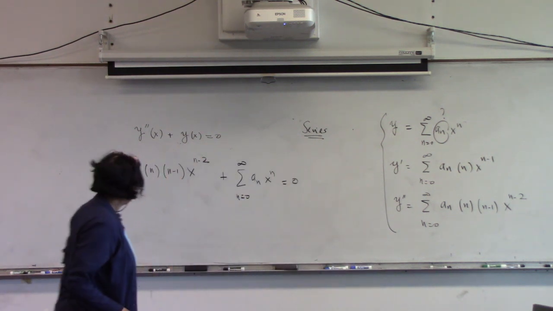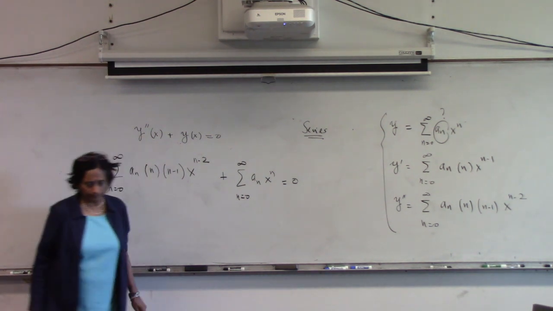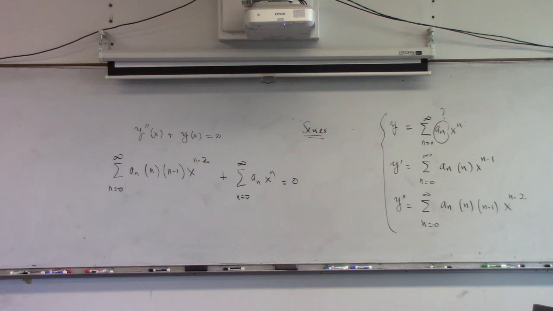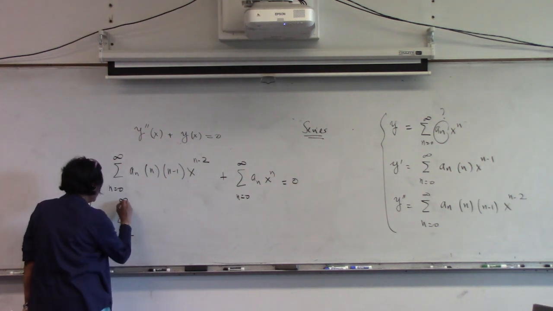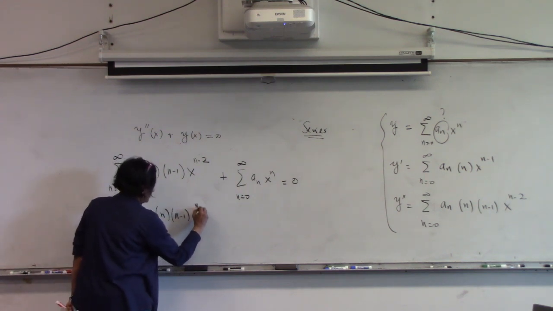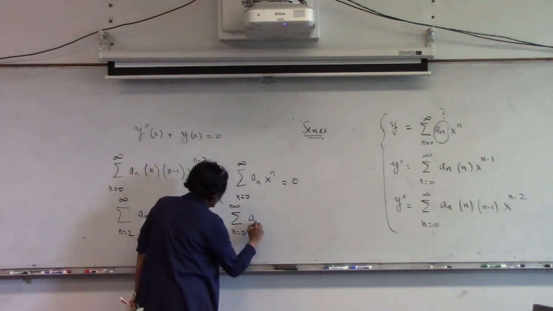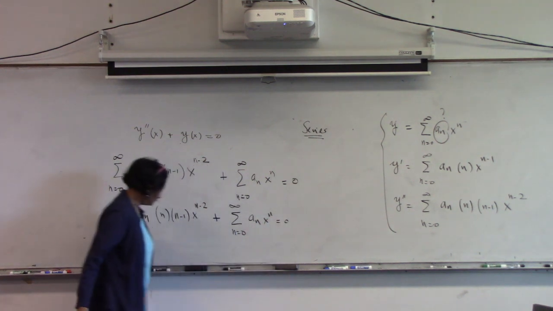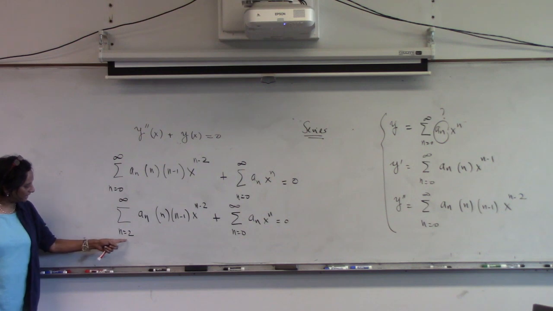I mean, I have to guess that. So what is happening to the series at n equal to 0? The first series: n equal to 0 gives 0, n equal to 1 gives 0. So it is effectively starting from n equal to 2 to infinity. If I want this series to start at n equal to 0, what will I do?